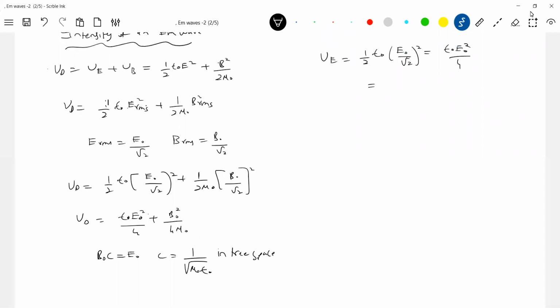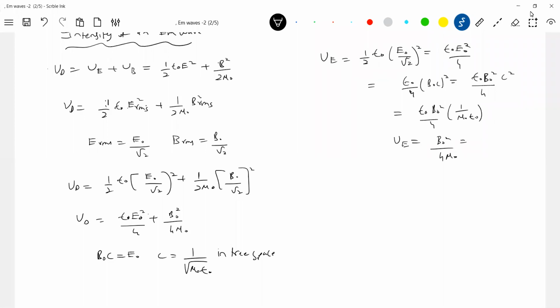E naught should be B naught C. So epsilon naught B naught whole square by 4, times C square. What is C square? You can write it as 1 by mu naught epsilon naught. So it is equal to what?